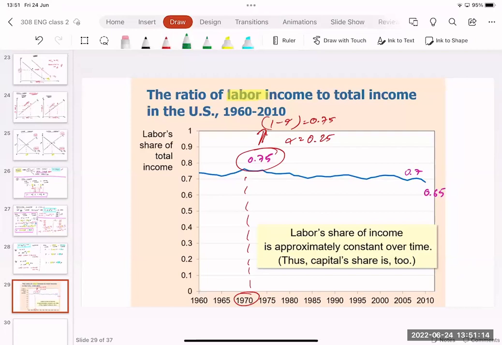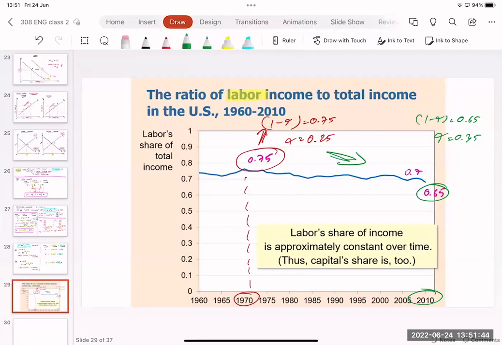However, over time, the number has been reducing. In 2010, it reduced to only 0.65. In 2010, 1 minus alpha equals 0.65. 65% of the total income in the US goes to labor, and alpha equals 0.35. So 35% of the total income in the US goes to capital, increasing over time from 25 to 35.